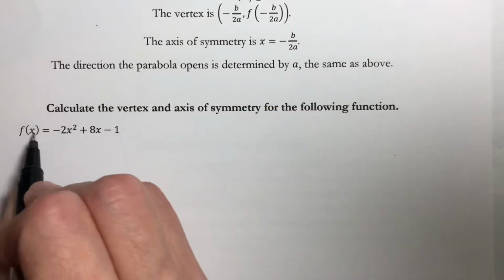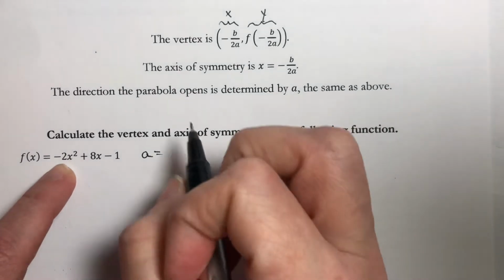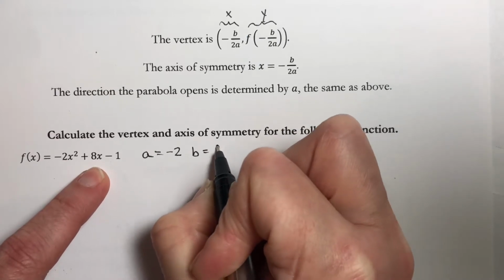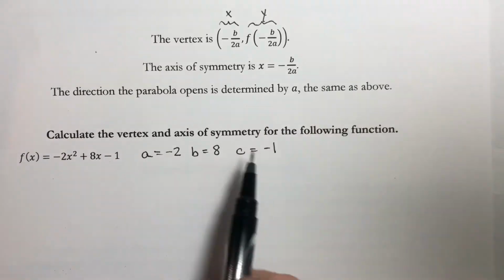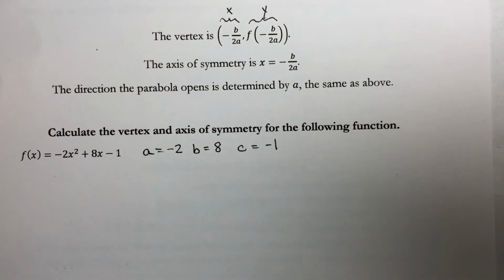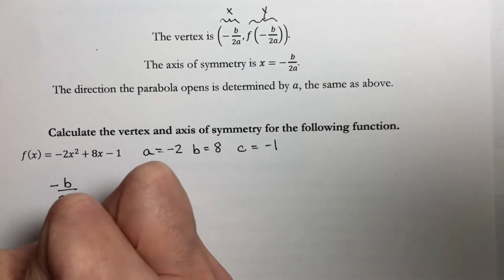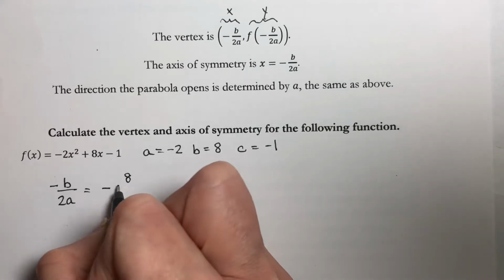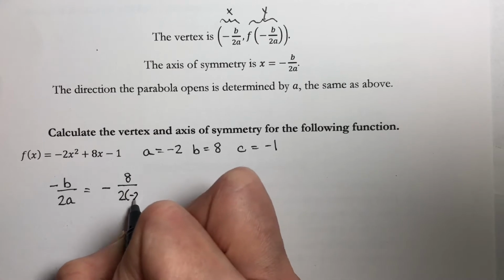Let's say that our a value is the number in front of our x squared, which is negative 2. Our b value is 8, and our c value is negative 1. We don't really need that for here. Now to find our vertex, we need to find negative b over 2a. So this is negative 8 over 2 times a, and a is negative 2.